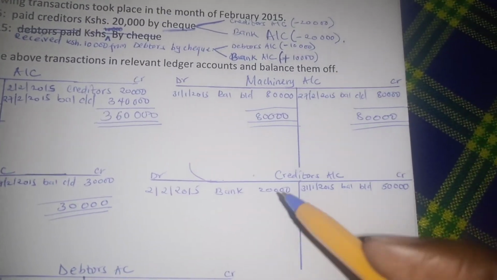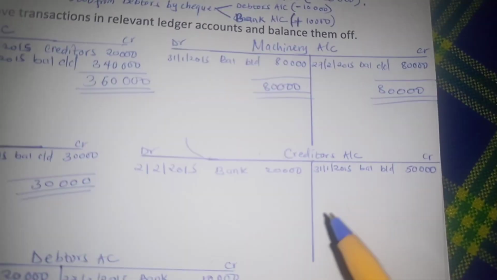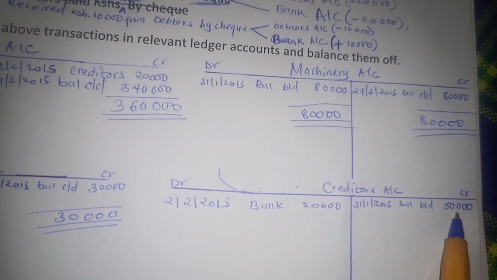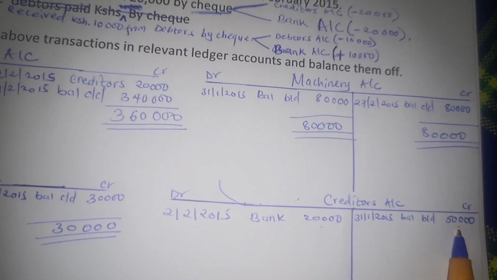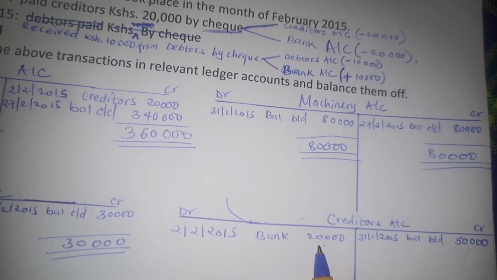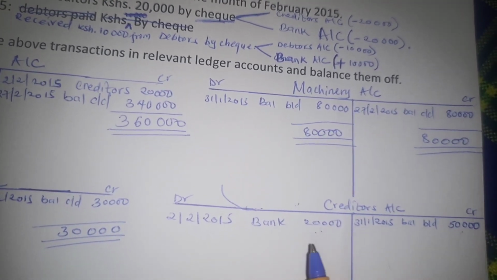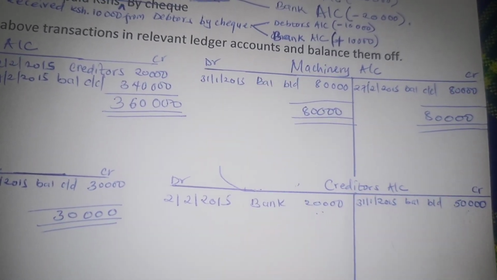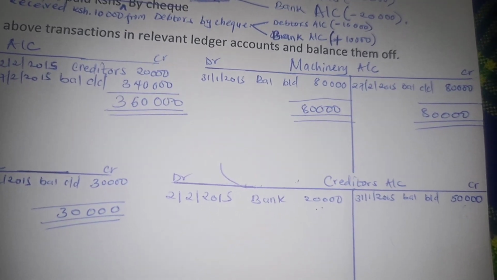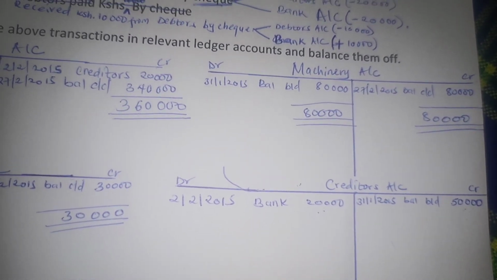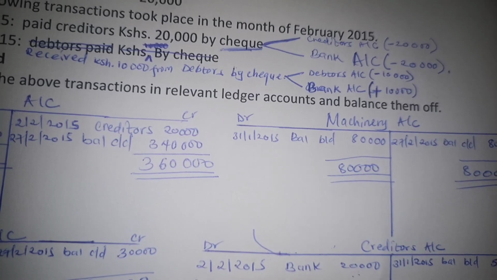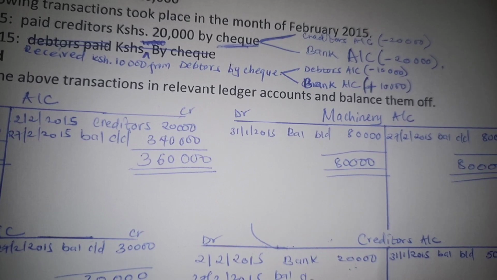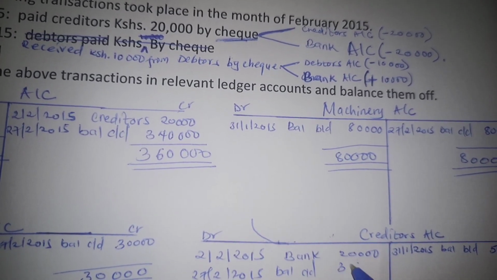Next, we have our creditors account. On the debit side we have 20,000, on the credit side 50,000. So clearly, the credit side is a bit higher than the debit side. What is the difference between the two sides? 50,000 minus 20,000 gives us 30,000. Where do you place that balance? On the side with the lower figure. So on 27 February 2015, our balance to be carried down will be 30,000.